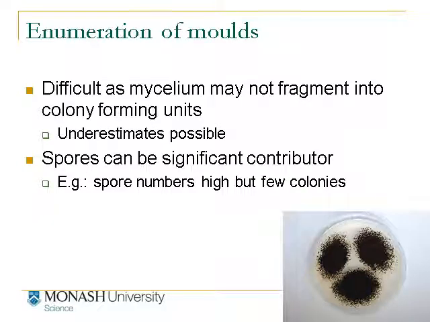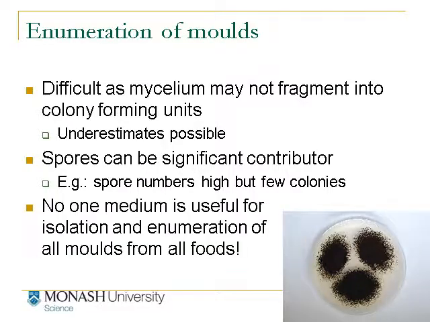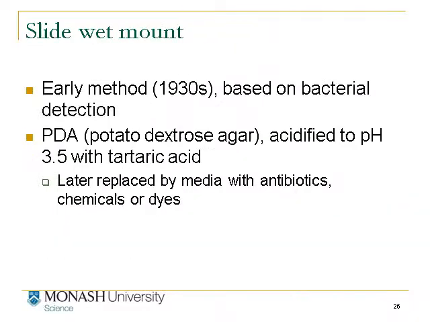Spore numbers can be very high as a significant contributor to growth, but there might be few colonies growing on the plate. And no one medium is useful for isolation and enumeration of all molds from all foods. Hence, we look at methods that may not just rely on the growth of fungi on culture media.